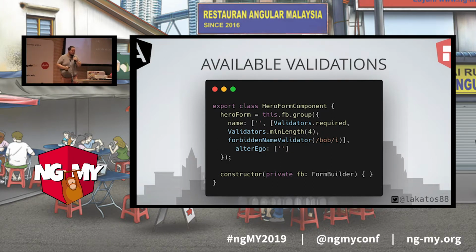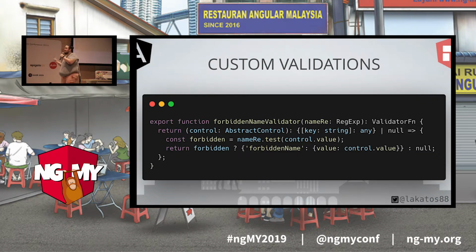Right, so what I did here is I kept all my logic in my component instead of in my template. Even validations are in my component instead of being in my template. If you want to write your own custom validators, it has to be a pure function. So it's type validator function, and it takes in a regular expression, and it returns a pure value.